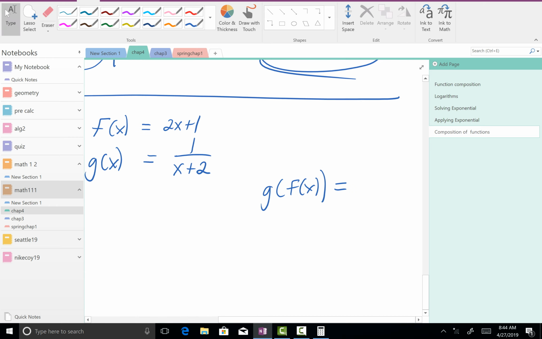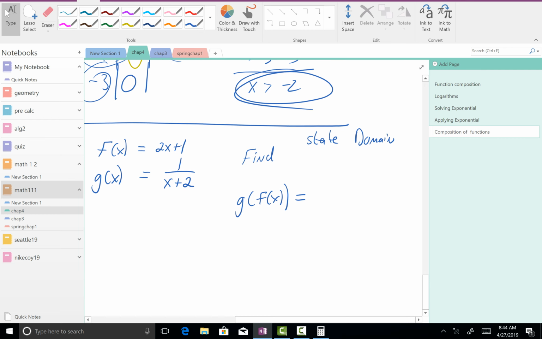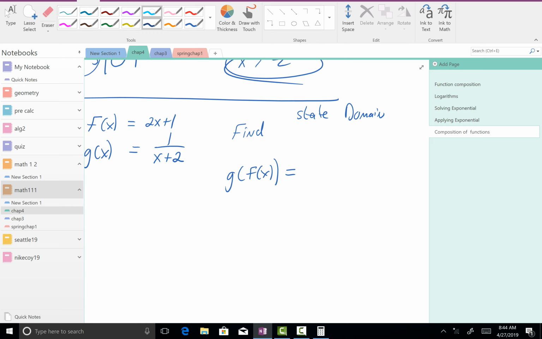So they might ask us to, hey, find this. So we're going to find it and state the domain. So we start with the f. That's this one. Okay, substitute it in down here.